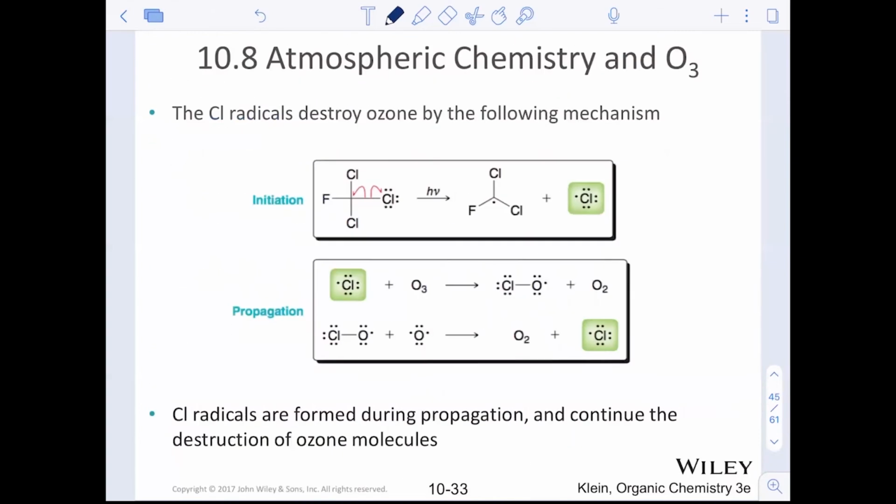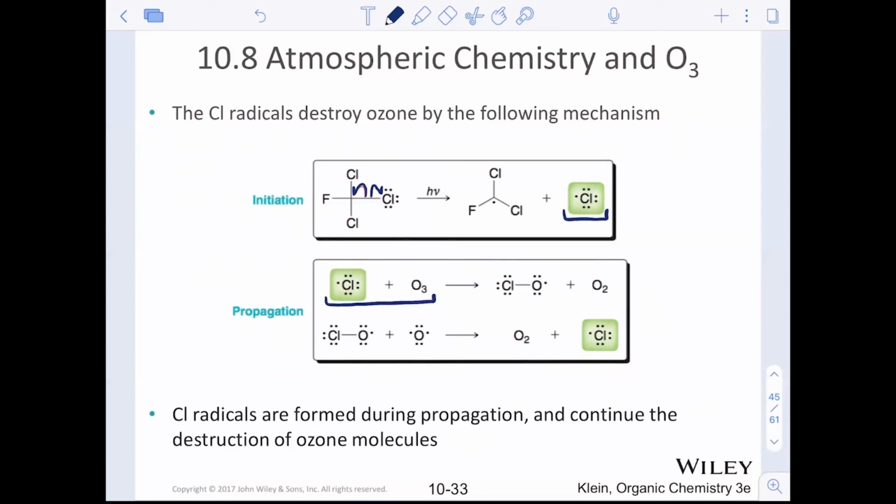There is an initiation step once it reaches that upper atmosphere where there's enough UV light, and it will make a chlorine radical. Now, why is that bad? Because that chlorine radical will then go to react with ozone in a propagation step.